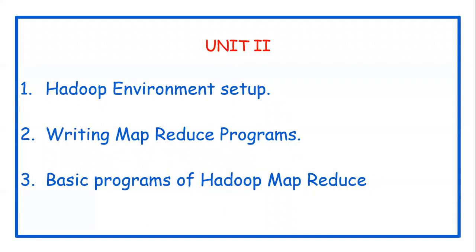So in the second unit we concentrate on three basic topics: preparing the environment, writing the map reduce program, and the essential requirements to fulfill to prepare the map and reduce program.